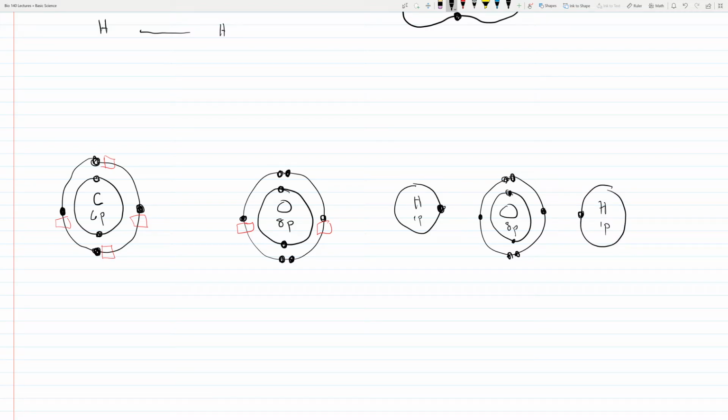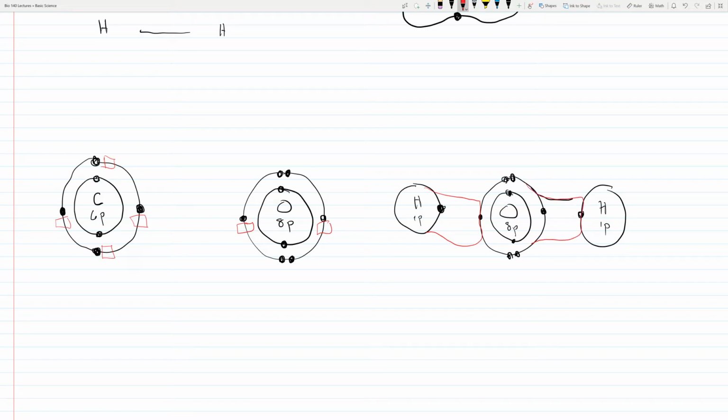If these come together, what's actually going to happen is the valence shells are going to be shared. Let me do that in another color to make it more discernible. The valence shells are actually going to be shared.